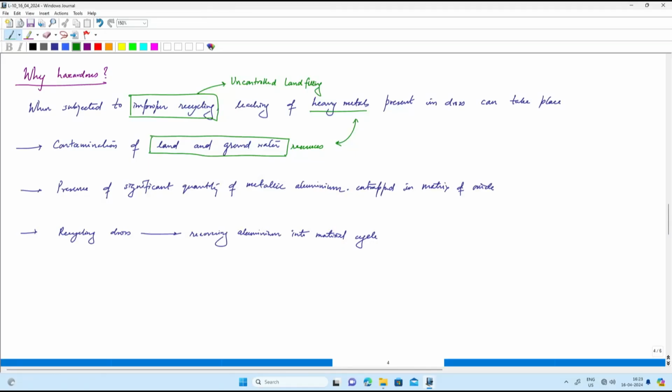The other way of looking at aluminium dross, the importance of aluminium dross, is that, of course, the dross is hazardous, but at the same time, it has a significantly large amount of metallic aluminium. Again, that depends upon the type of dross and chemical composition.